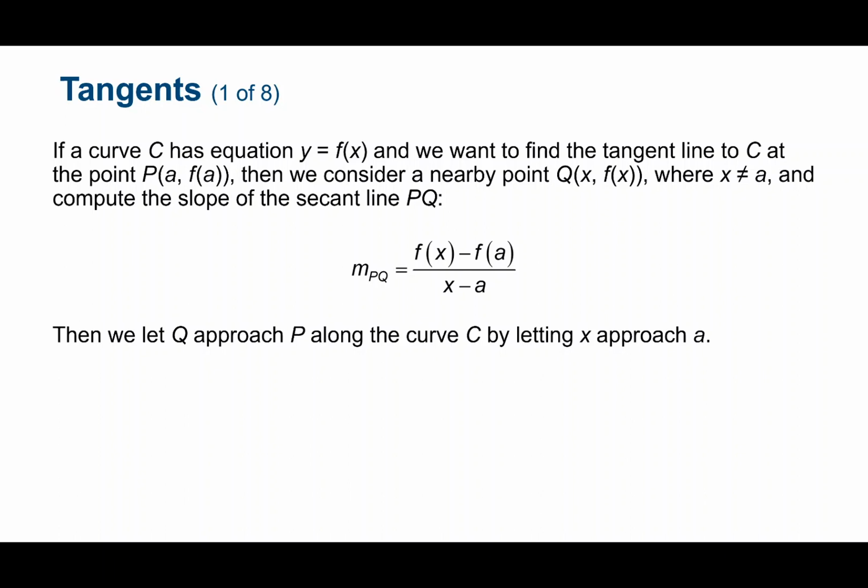In this case, with the way we have everything labeled, our point Q, the point close to point P, has y-coordinate f of x, and the y-coordinate of the point we care about is f of a. Then on the bottom, our x values give x minus a. Same idea we've dealt with, maybe labeled slightly differently. That's the slope of our secant line.